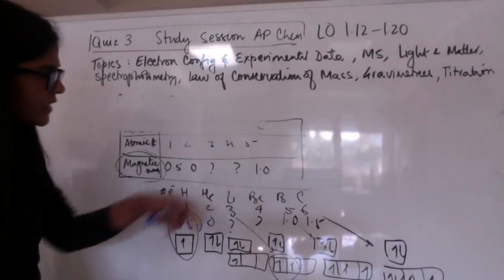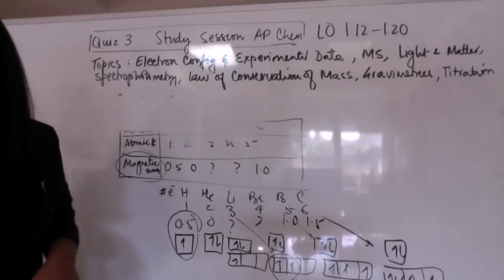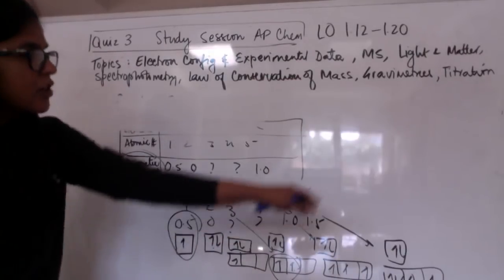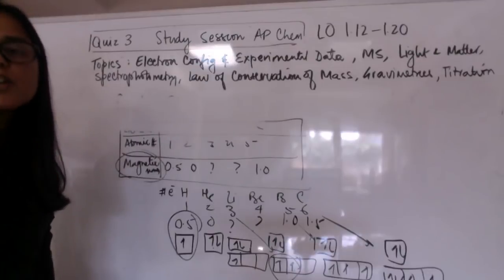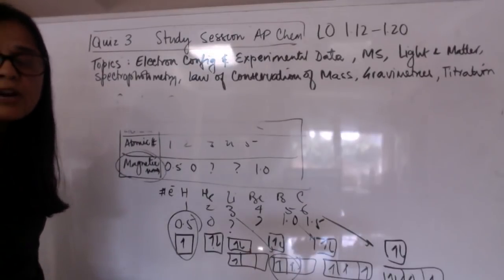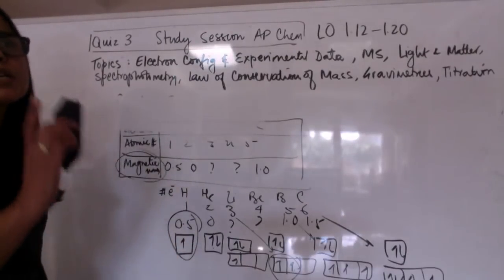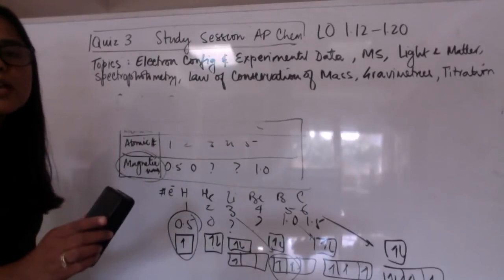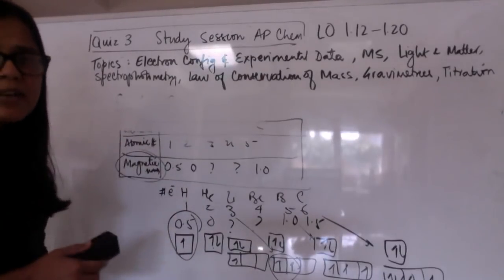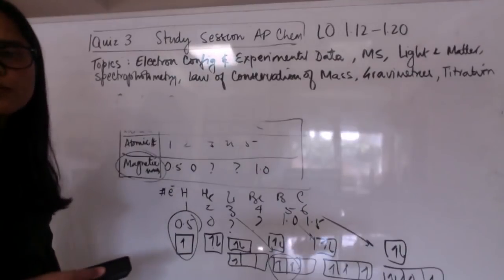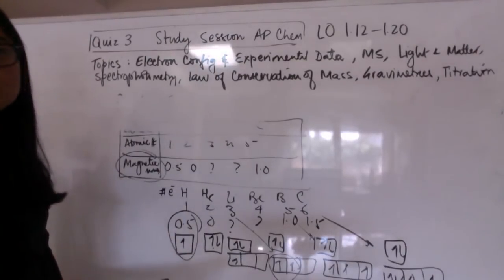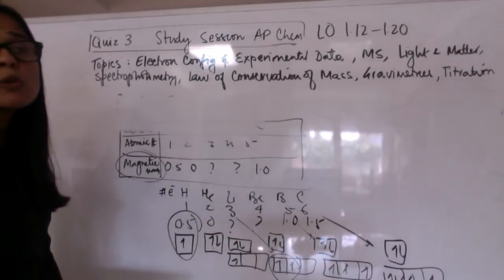It is the same data, I wasn't thoughtful in writing it. So the idea there was to figure out that every unpaired electron contributes a quantity called magnetic moment whose value is 0.5. So if you have two unpaired, it becomes 1. If there are three unpaired, it becomes 1.5. And if there are no unpaired, it is 0.